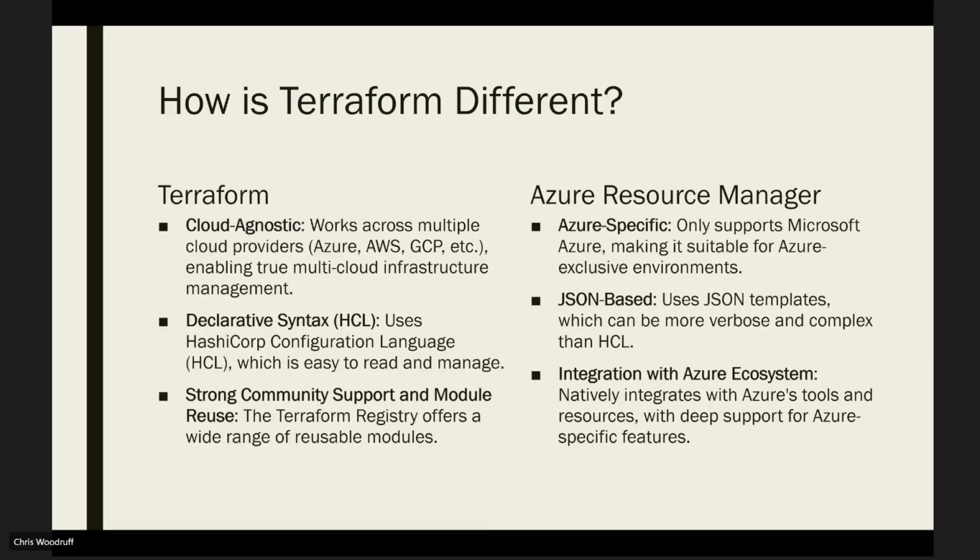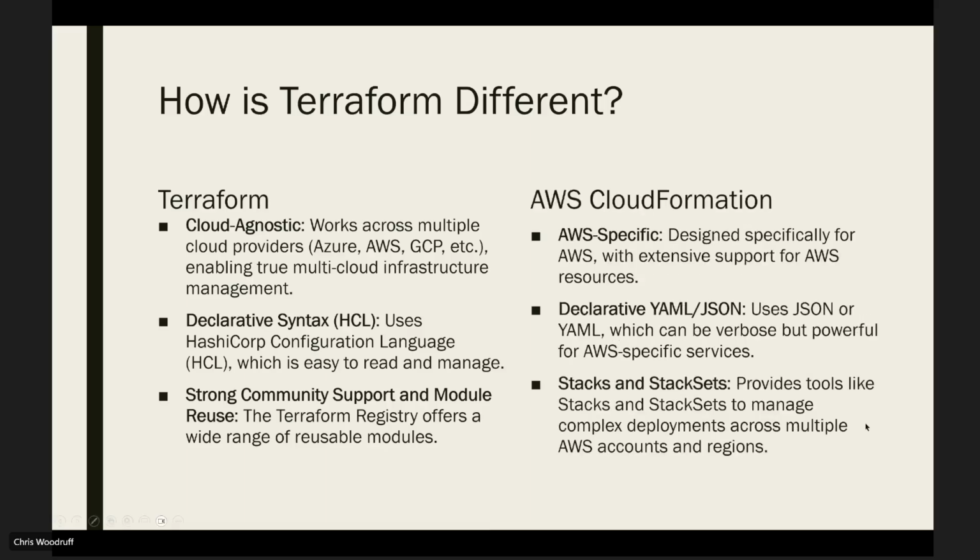So it is good for that. Okay, next we're going to look at AWS. Again, AWS is only for AWS. It uses YAML and JSON, so it can be a little verbose, and it really integrates with AWS.